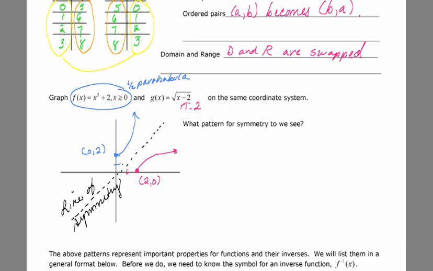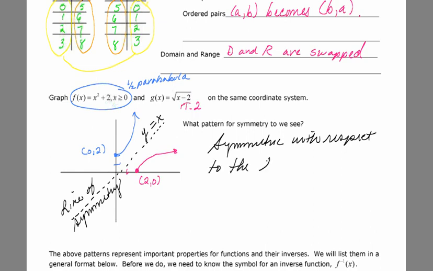The line of symmetry is this bisecting line, and it's the line y = x. So they're symmetric with respect to the line y = x. That's a pattern for symmetry.